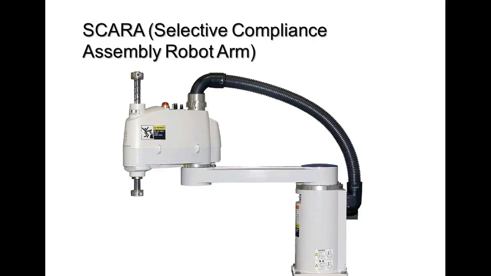What would this guy be? What type of envelope? Cylindrical. All the axes are this way. Probably called a jointed spherical because of the joints.